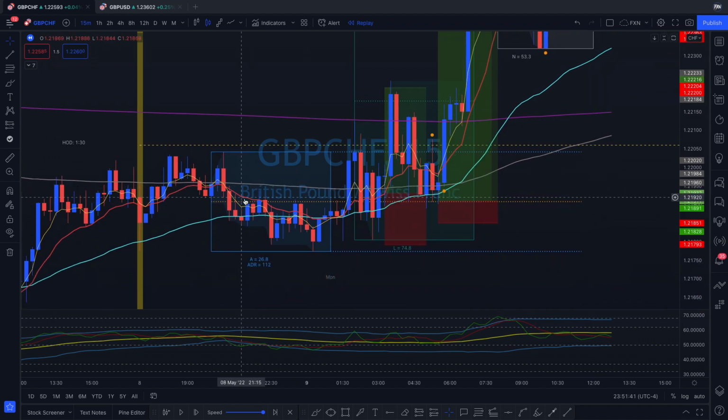You can see that we end up getting a 26 pip Asian range, and then we go from the middle of the range up to the top, and then we start creating 4 solid bars that are literally hitting the middle of the range and pinning to the 50 EMA, going in our directional bias.